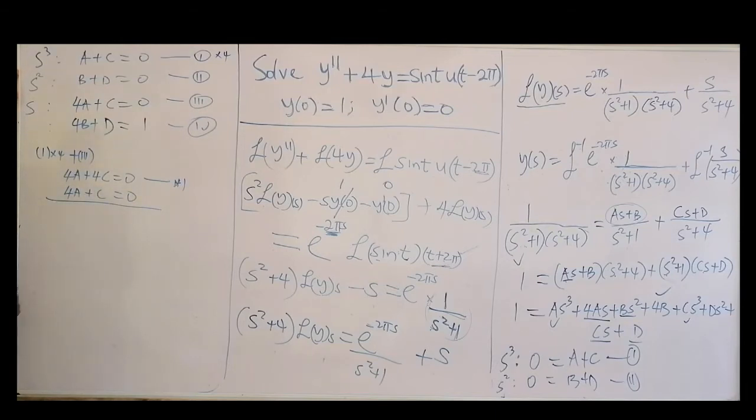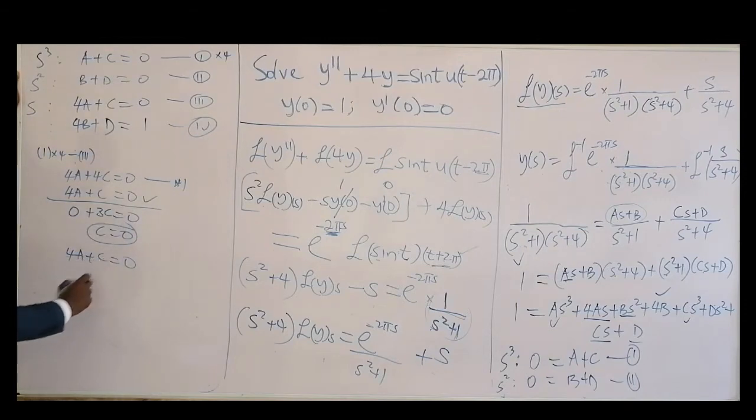Subtract them: equation 1 times 4 minus 3. 4a minus 4a is 0, 4c minus c is 3c, equal to 0. So c is 0. Can we substitute into the other equation? You can use this one: 4a plus c is 0, and c is 0, so a is also 0.